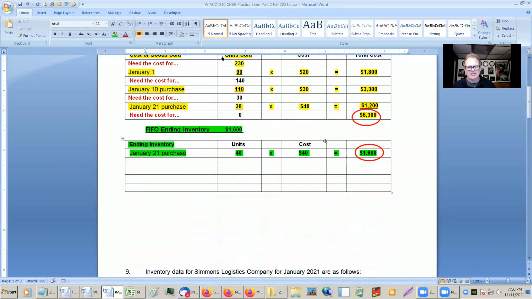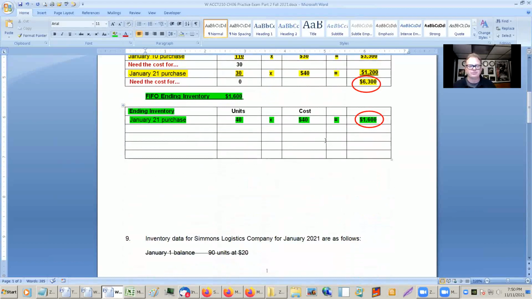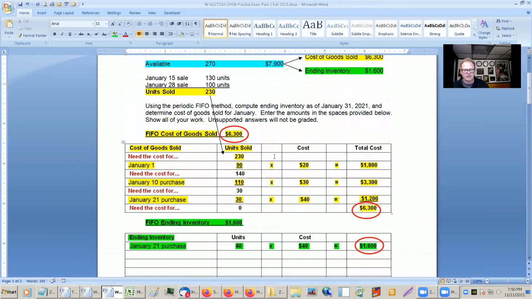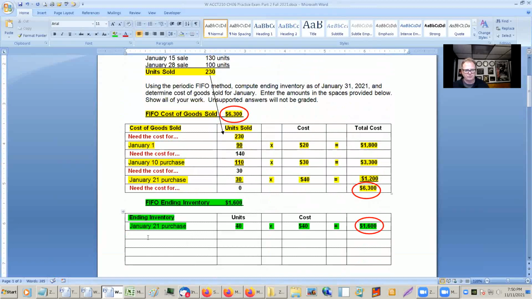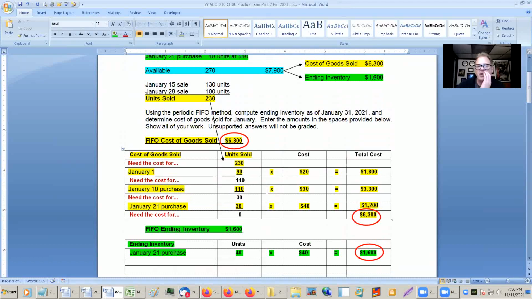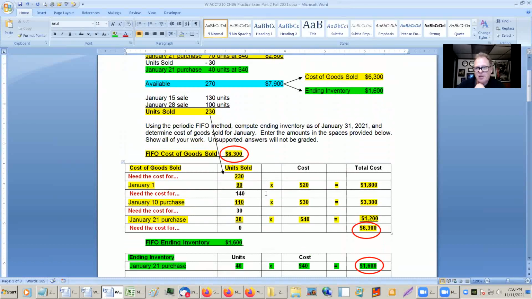Okay, so that's the FIFO. 6,300 for the cost of goods sold. And the first in, first out has to do with the cost of goods sold, not the ending inventory. The cost of goods sold is the first in, first out.